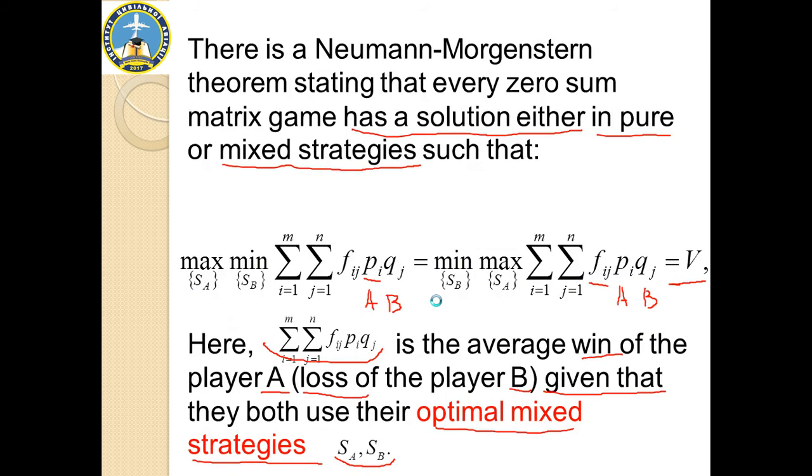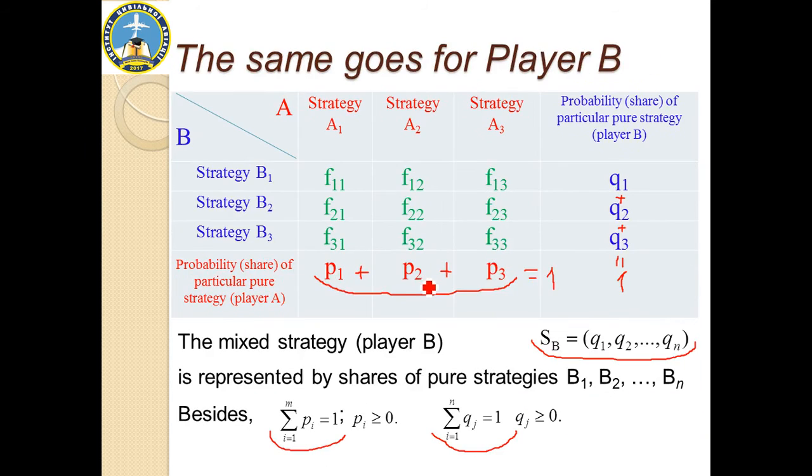Let's go back for a second to the payoff matrix. So we multiply these individual payoffs by these shares and sum them up, times P sub 1, times P sub 2, and we get the price of the game.